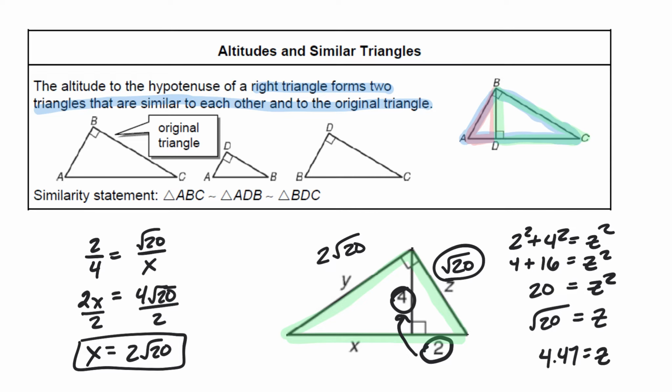And then lastly, we see that the value of x is the medium side of the medium triangle. So we have a medium triangle here. On this, we have the small side, 4, and an unknown side of x.